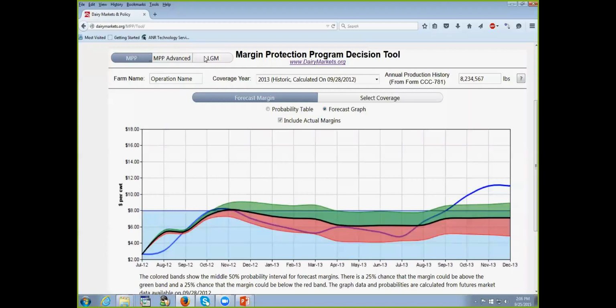So if you haven't, you can go look at that. Keep in mind, LGM calculates the margin differently, so it's not apples to apples. You can't compare an LGM margin with this $8 one because it's using different prices, and you can change the feed weights on LGM. If you want, you can line them up, but you have to do a little calculating.